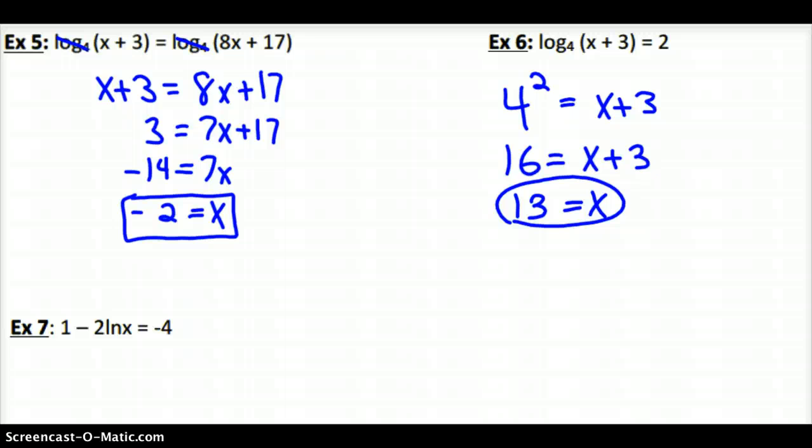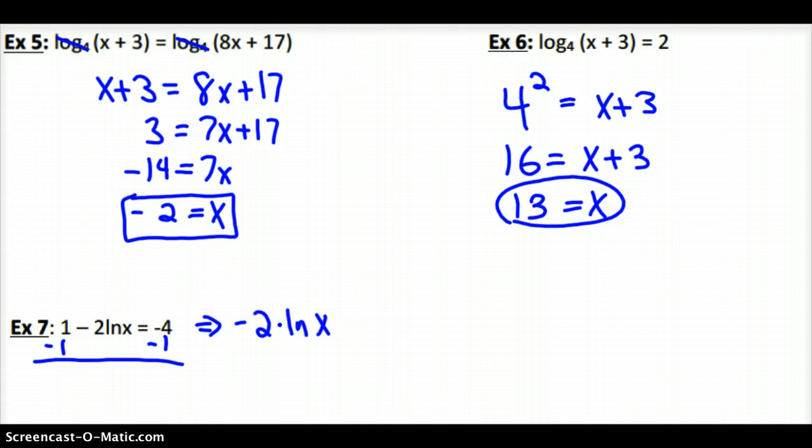Example 7, linear step here of subtracting 1 over. That will give me negative 2 times the natural log of x equals negative 5. Divide both sides by negative 2.